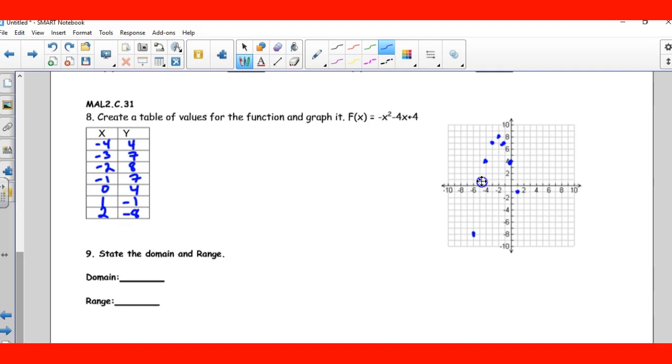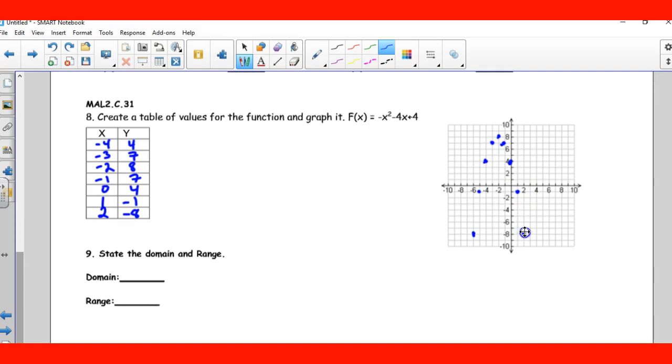Negative 5, negative 1. Oh, I got one in the wrong spot. There we go. I had to check myself right there. 2, negative 8.